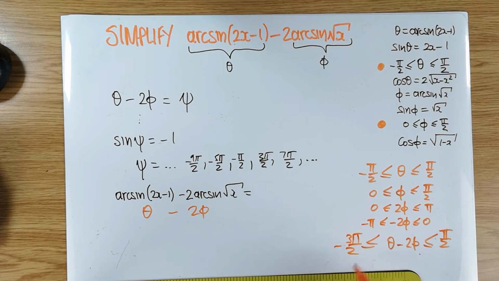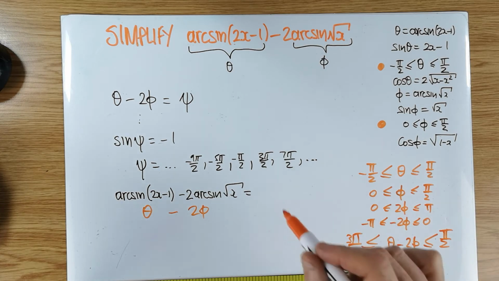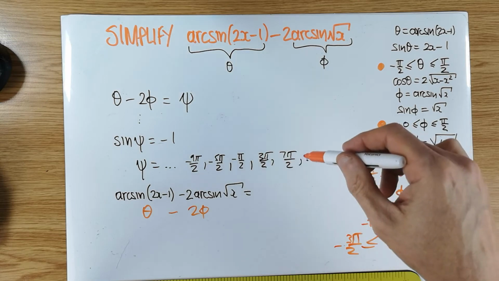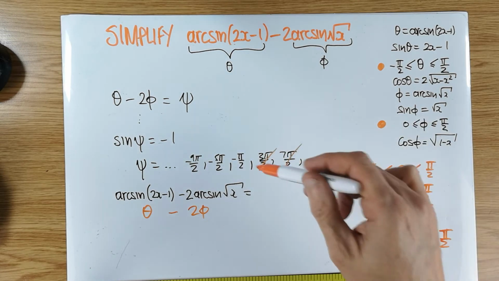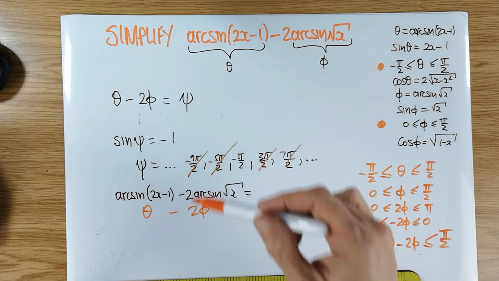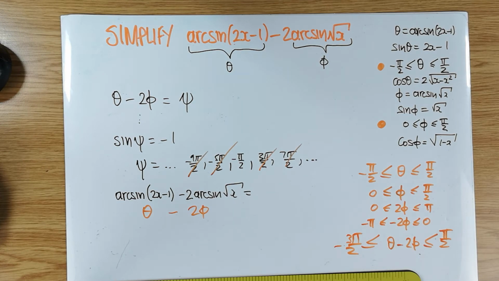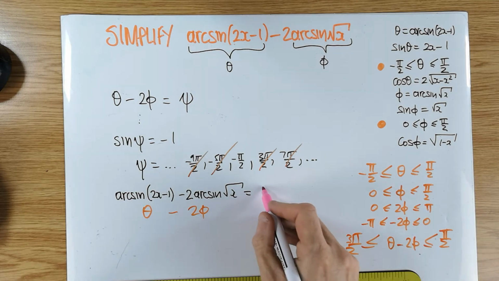So I have this constraint, so out of these numbers, the number that I'm looking for is between -3 pi over 2 and pi over 2. This is obviously above all these numbers. This is below. And therefore, the only quantity that matches this criteria is in fact negative pi over 2.